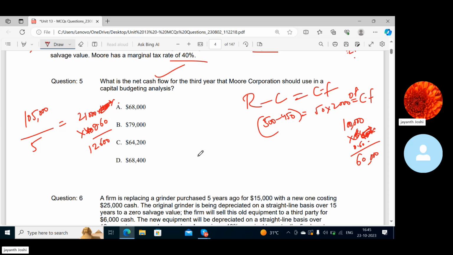So after tax cash flow we are getting 21,000. Oh, I'm sorry, you take 40%. That is a mistake I did. Okay, 8,400. You would have told me we should not take 60%, right?